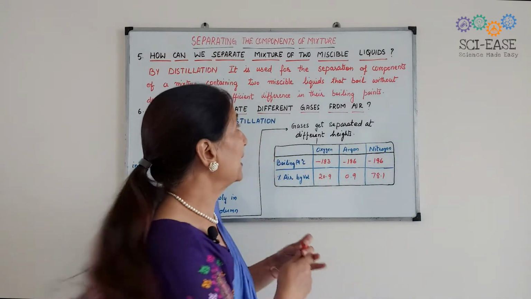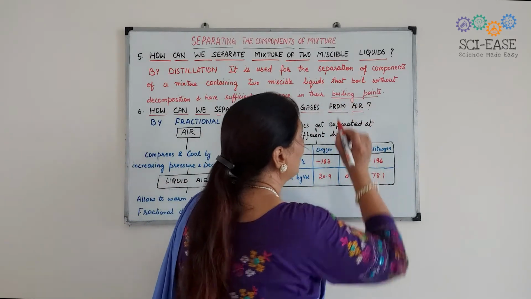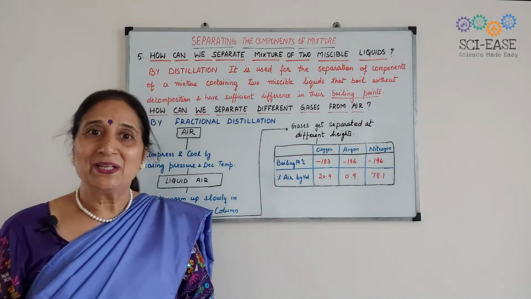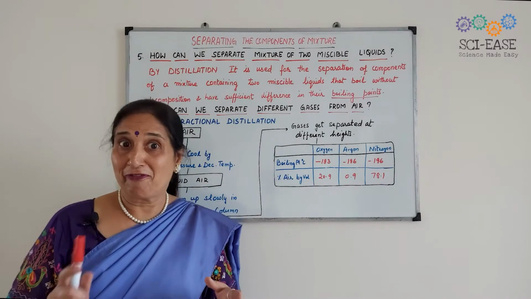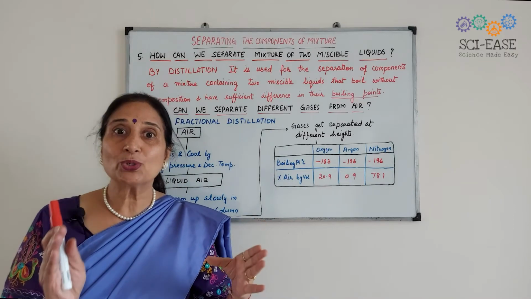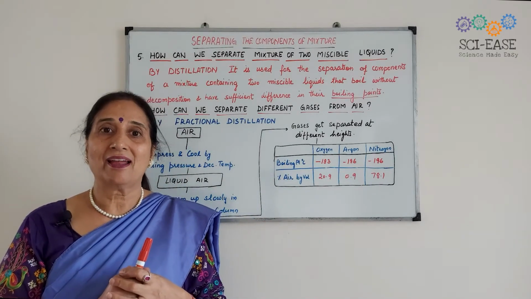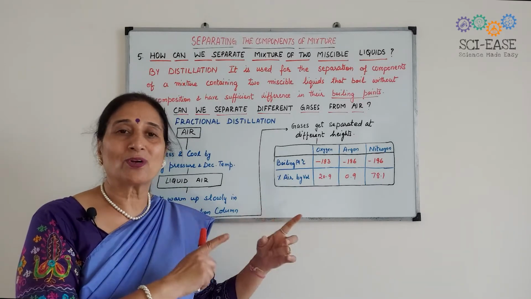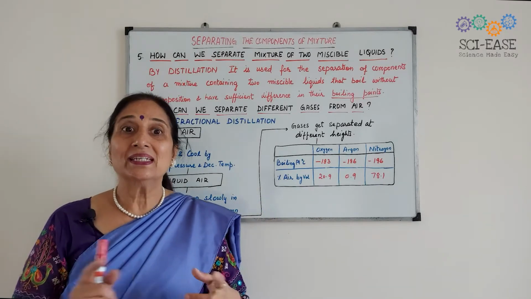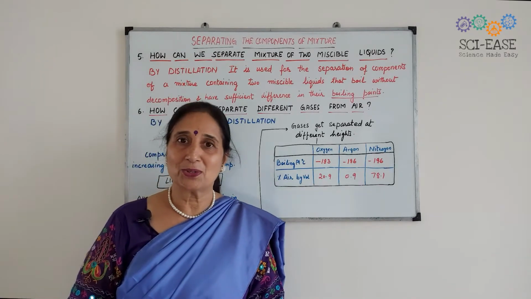This point is very important. They should have sufficient difference in their boiling points. If the difference in the boiling points of the two liquids is less than 25 K, then this distillation process is not used. There, the fractional distillation method is used.